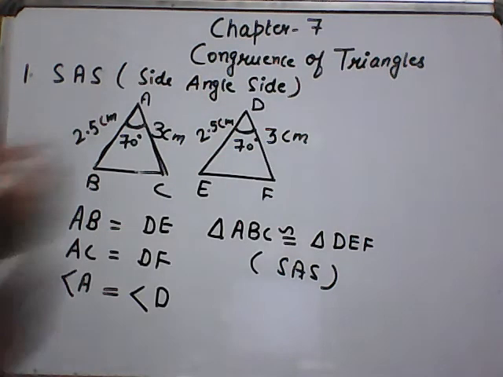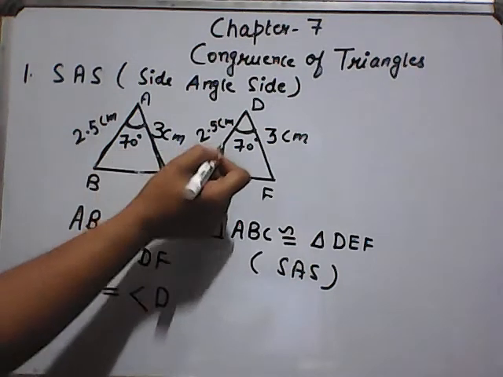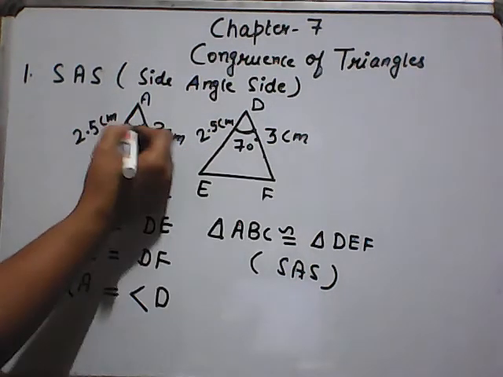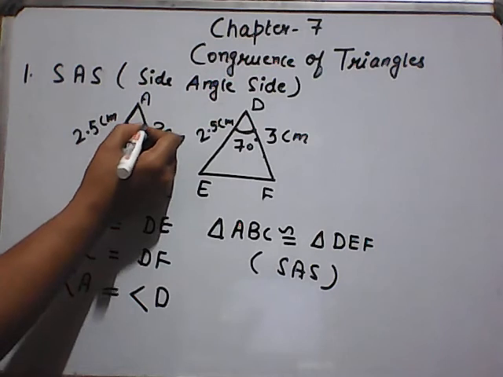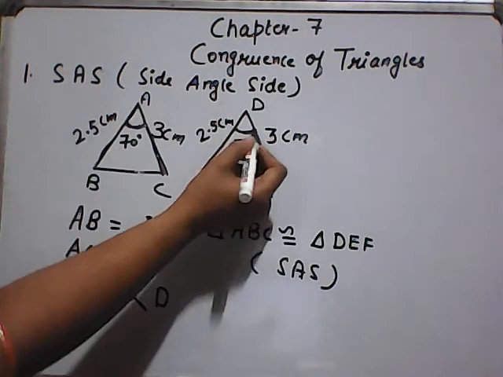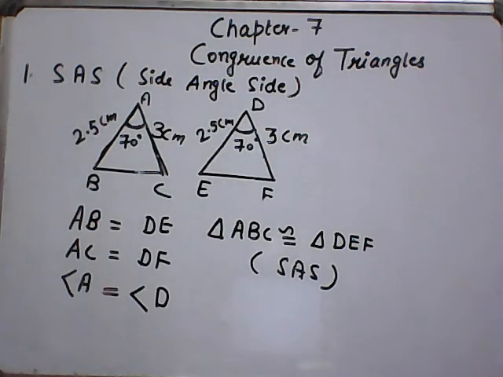Two corresponding sides are congruent to corresponding sides and the angle between two corresponding sides is equal to the angle between the two corresponding sides of another triangle. Then these two triangles are said to be congruent by using side angle side. Two sides and the angle between them is known as the side angle side congruence rule.